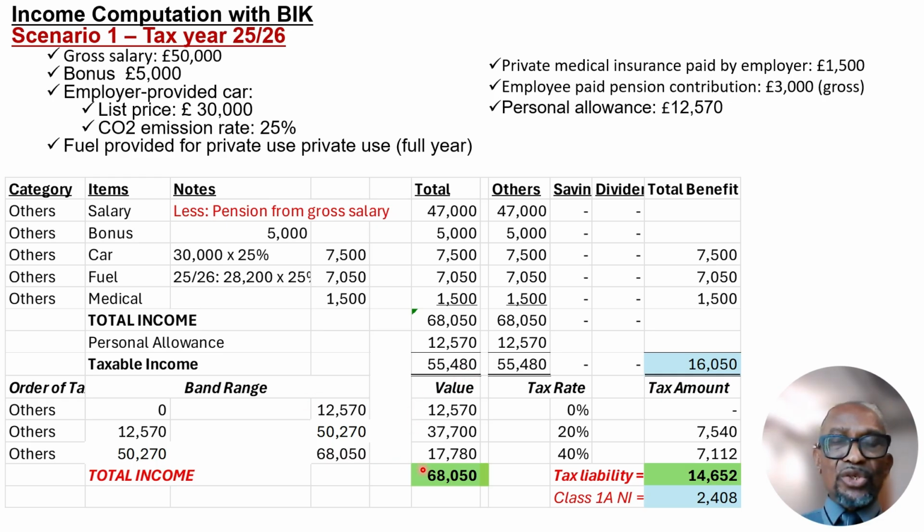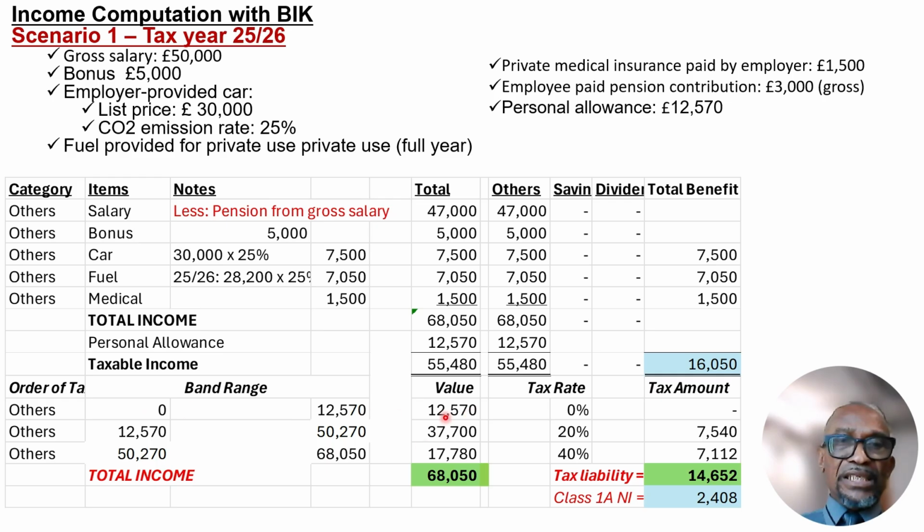But I try to assist my students to have a check on their values taxed. So the total income here should be 68,050, equal to the total income here. So the first band to be taxed is 0 to 12,570. The value is 12,570 here.